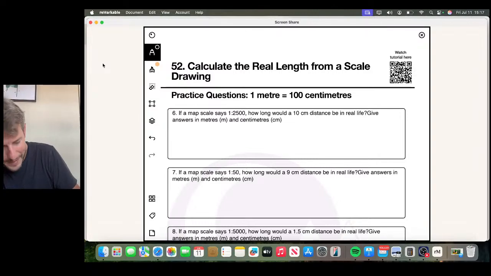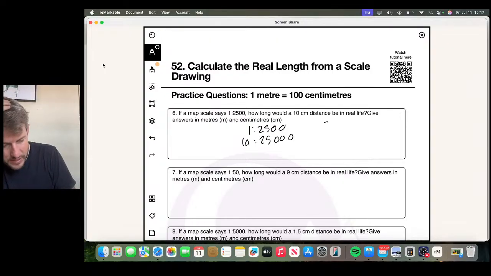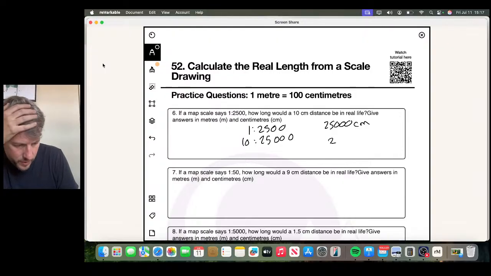Sorry, if I use that pen, I run out of space. So 1 to 250, that would be 10 to 2,500. So that is 2,500 centimetres. And then that is 25 metres.